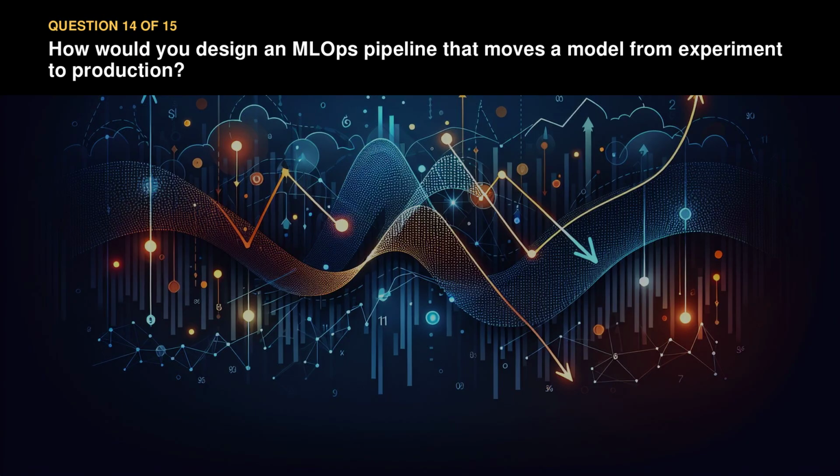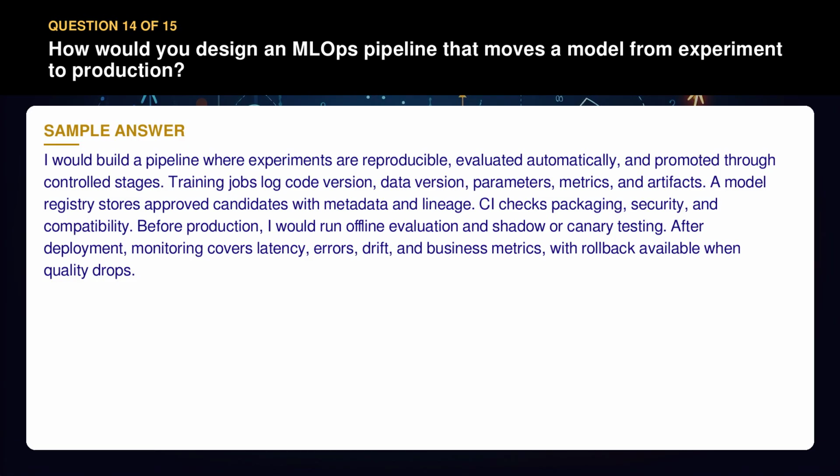Question 14. How would you design an MLOps pipeline that moves a model from experiment to production? I would build a pipeline where experiments are reproducible, evaluated automatically, and promoted through controlled stages. Training jobs log code version, data version, parameters, metrics, and artifacts. A model registry stores approved candidates with metadata and lineage. CI checks packaging, security, and compatibility.